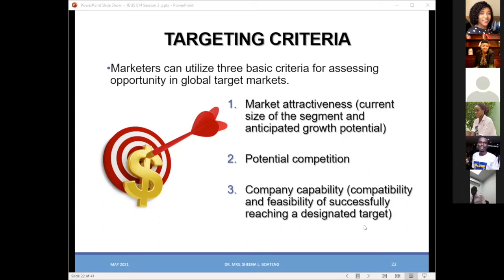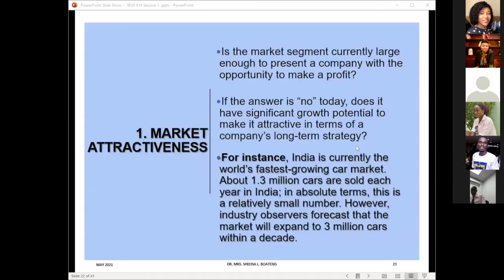Likewise, your company may not be capable of competing effectively among the droves of competition that are also attracted to this particular market. So when it comes to targeting specific segments, firms need to consider these 3 criteria and pay close attention when selecting a particular segment to target.